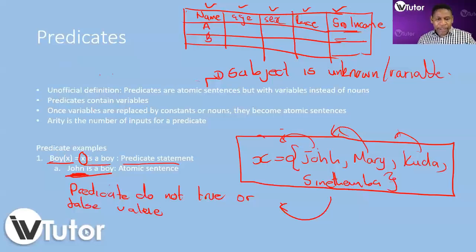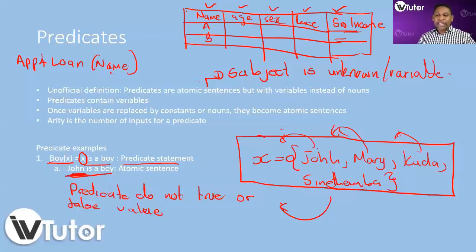So I can say, let's say, approved for loan. Then we have got name. So this predicate would say name has been approved for loan.